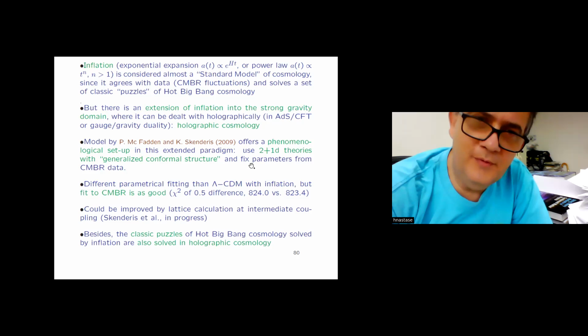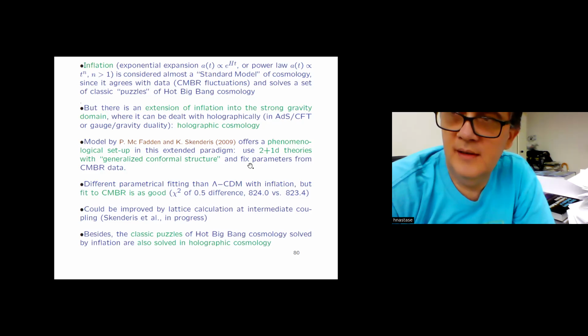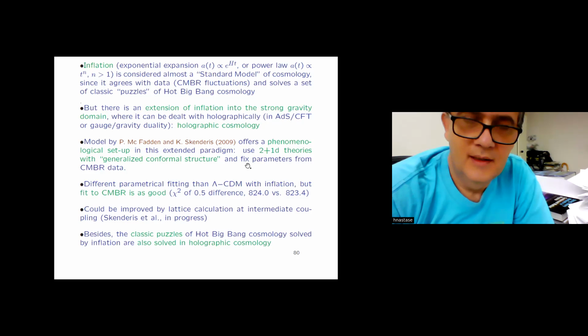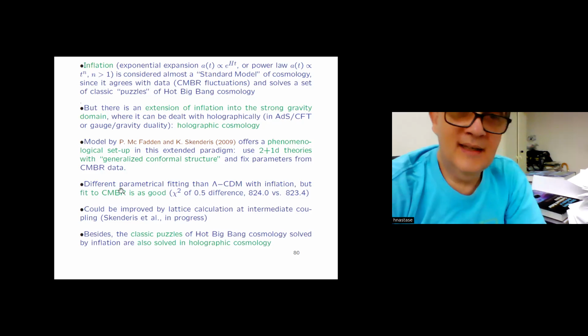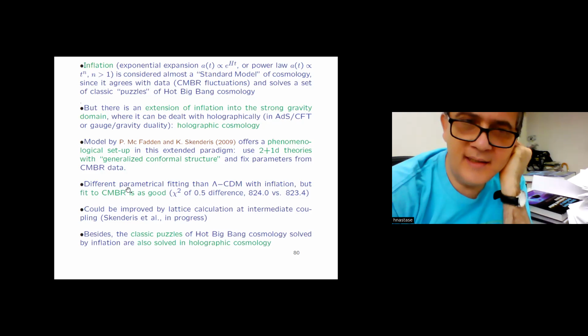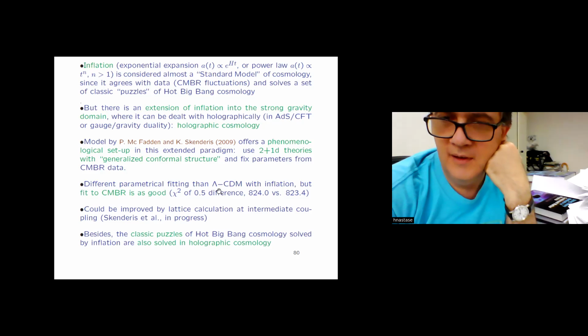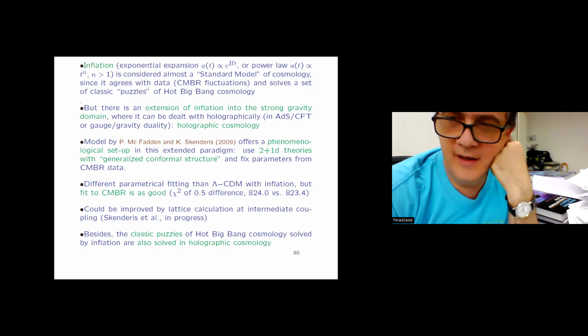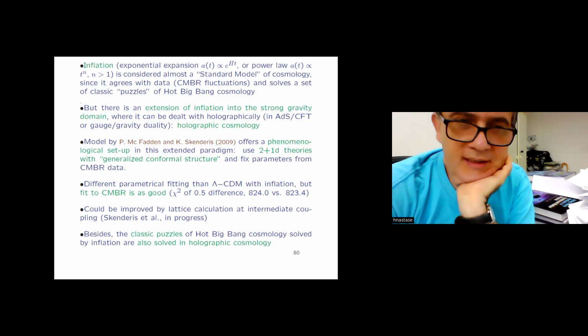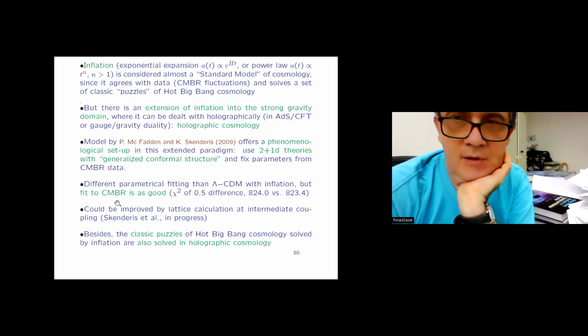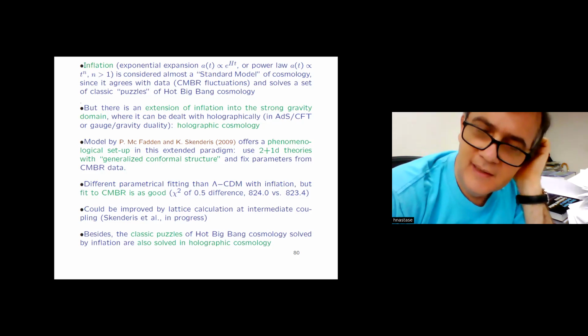And we will fix the parameters in this field theory phenomenologically by fitting to the CMBR data. And when one does that, one obtains a different parametric fitting rather than the usual fitting of lambda CDM, dark matter plus inflation. But nevertheless, the fit to the CMBR of this holographic cosmology we'll find is as good as for inflation.